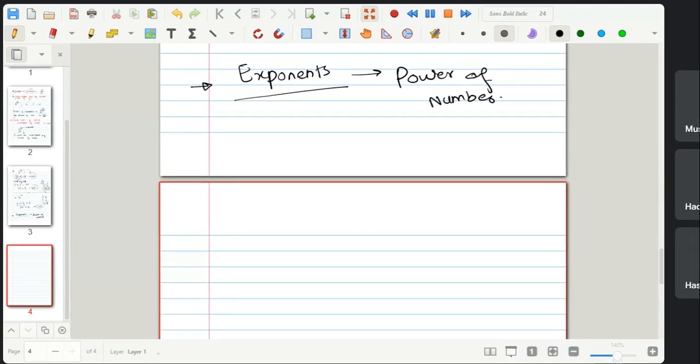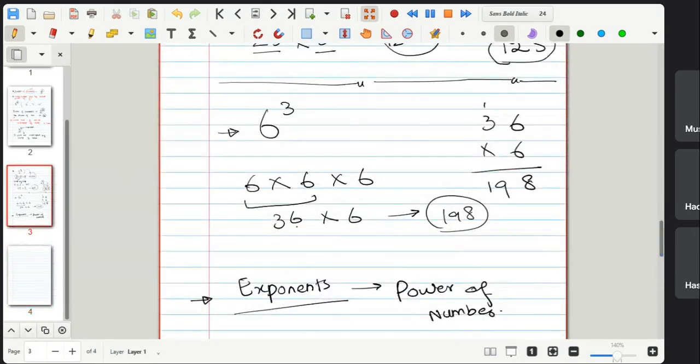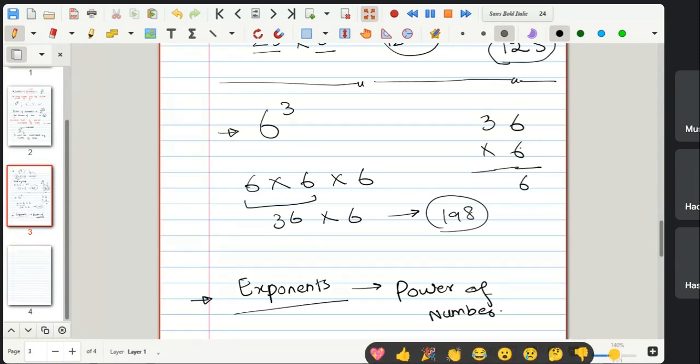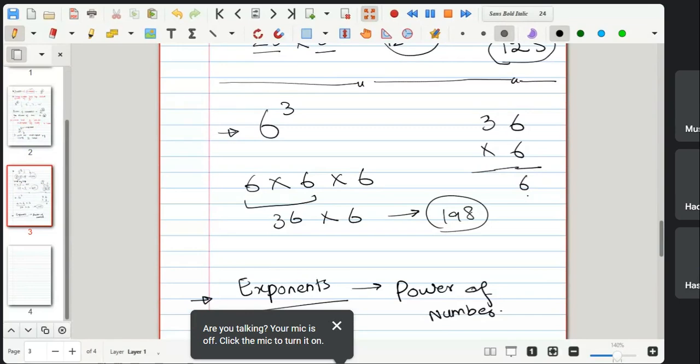Okay, let me check, ma'am Nilufar is also taking the class. It's 216. Let me check: 6 multiplied by 6 is 36. That's very good. The students are not active, but ma'am Nilufar is more active than the students. Okay, 6 multiplied by 6 is 36, and we will place this 6.